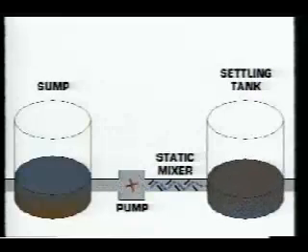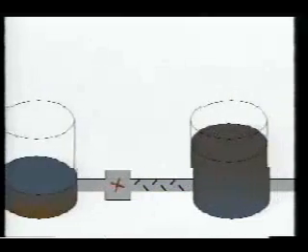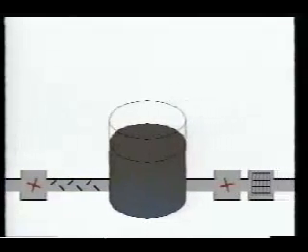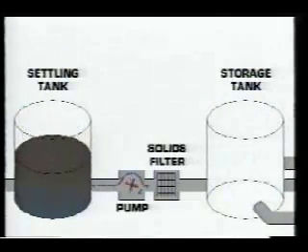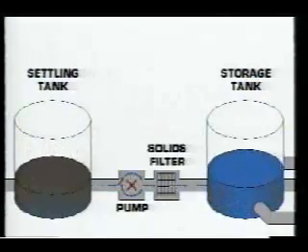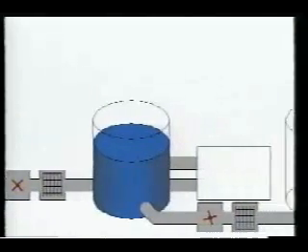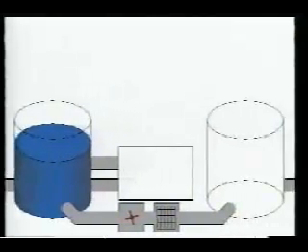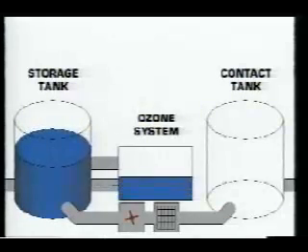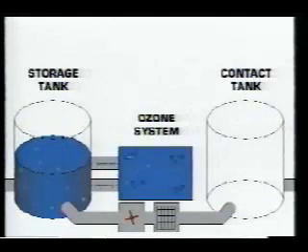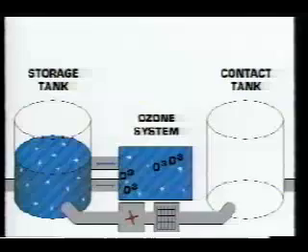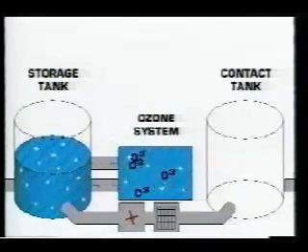Any sludge floats to the top of the tank for removal. This water is then pumped through a solids filter before entering the storage tank. There, the water enters the ozone system, where it is ozonated and pumped through another solids filter.